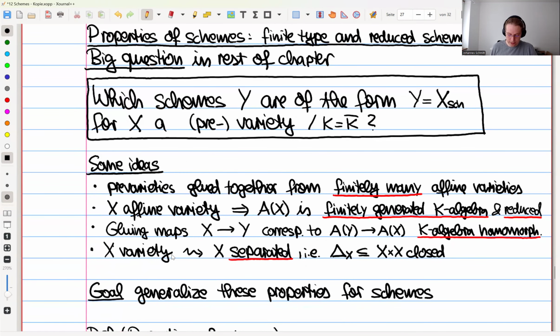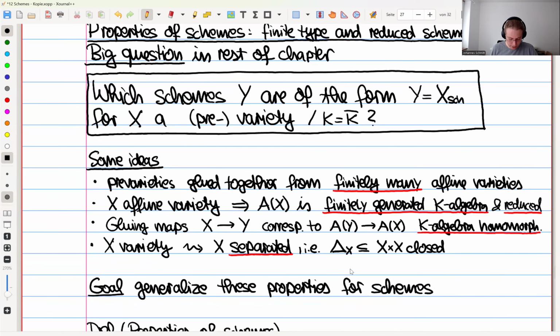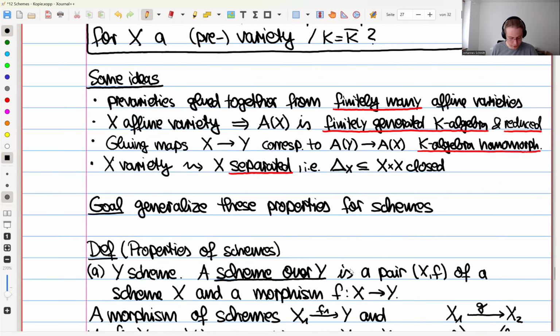The idea is, motivated by this list here, we will now define some properties which make sense for arbitrary schemes. And then we're going to recognize that pre-varieties are exactly schemes having this list of properties, and varieties are these schemes which have one additional property, this property of being separated. So that's the preview, and now come the rigorous definitions.